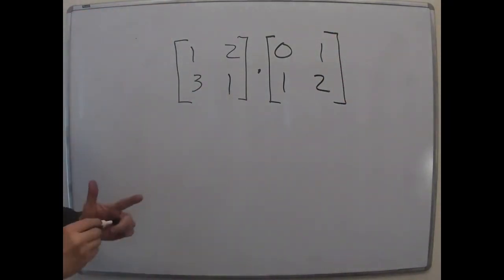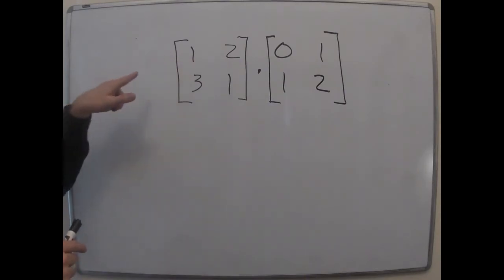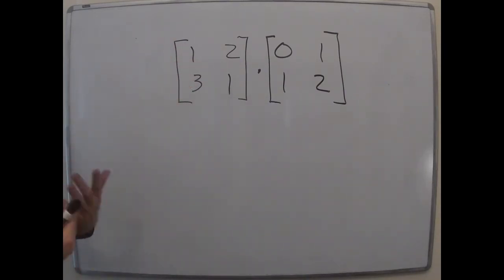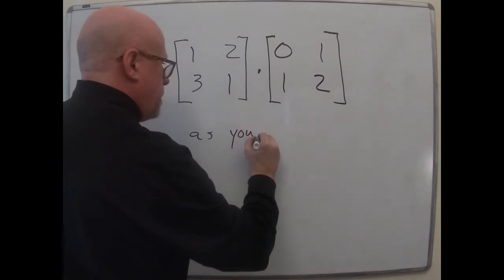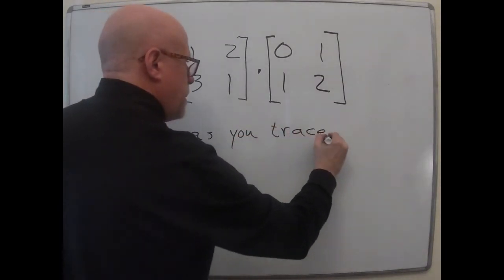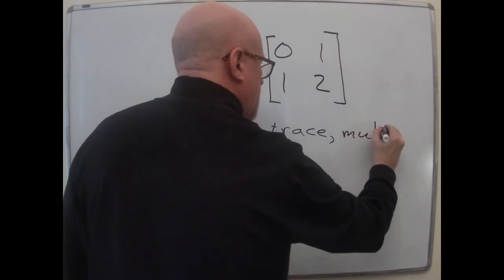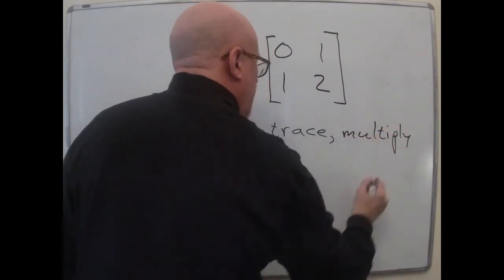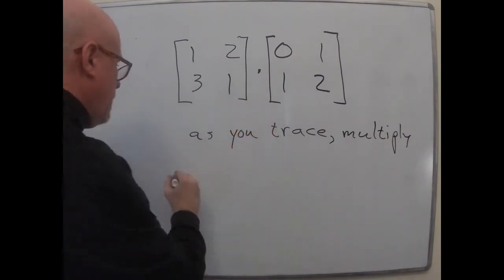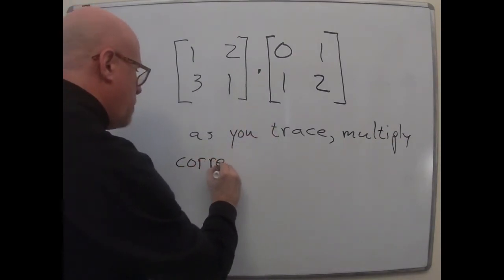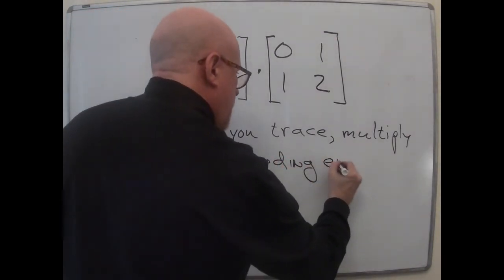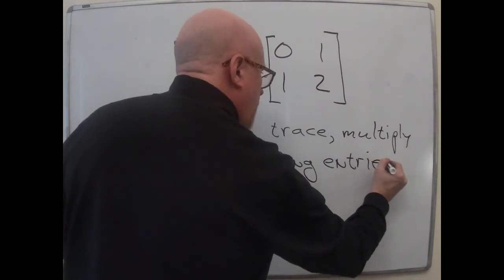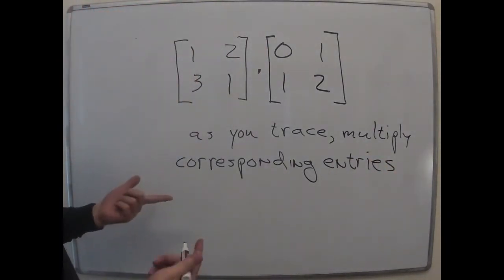Okay, so like I said, we're going to be tracing rows with one hand and columns with the other. Why and what are we doing while we trace that? As you trace, multiply corresponding entries, and basically keep a running total of what you're getting as these products.